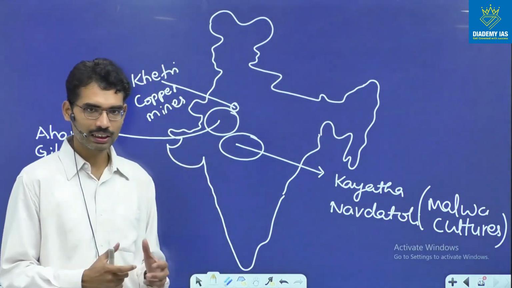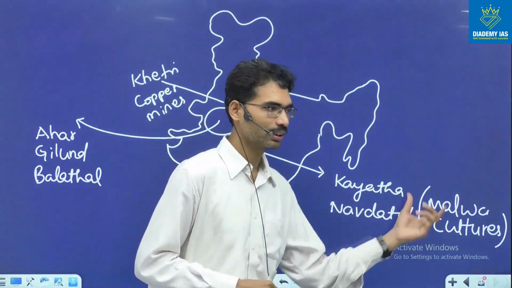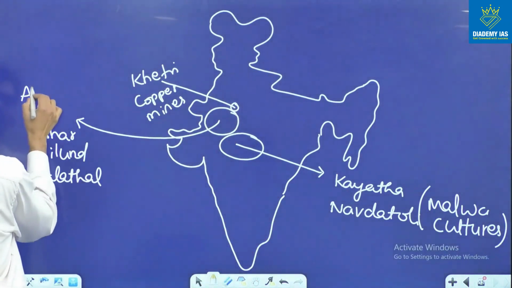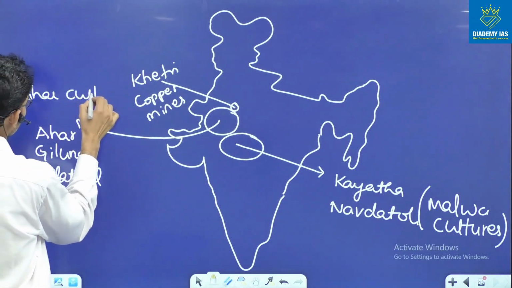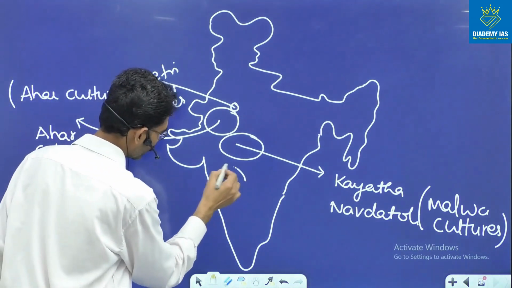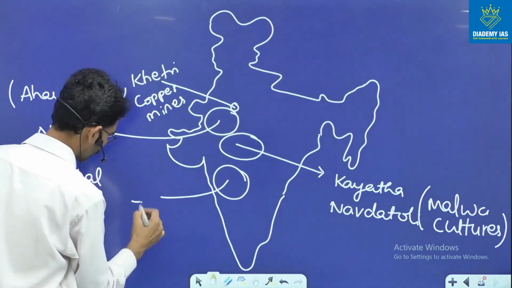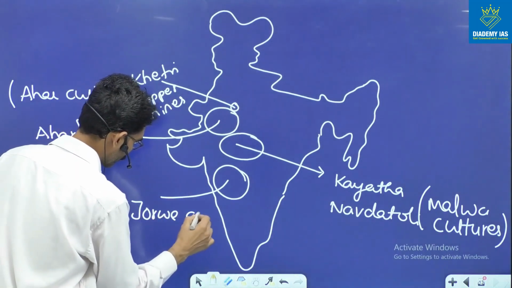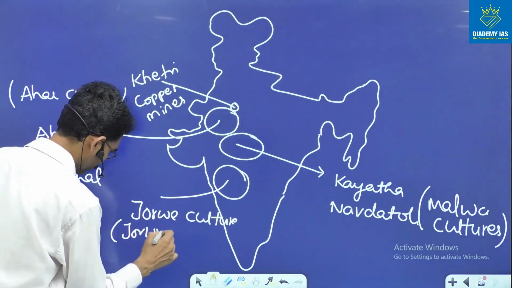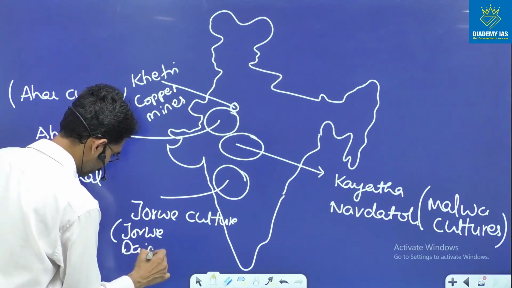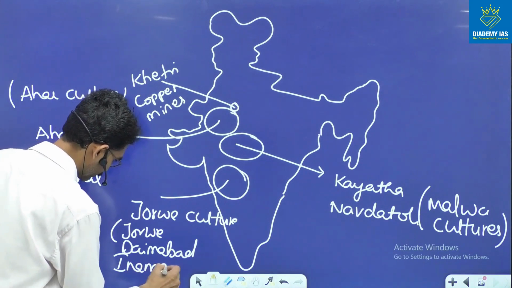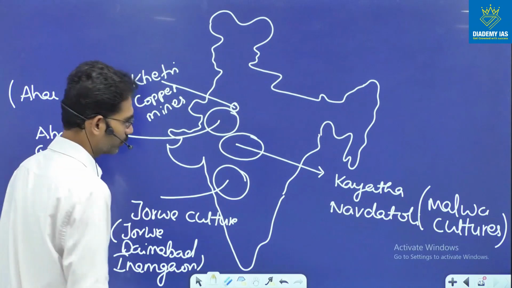We will get some regional names also for these cultures. Malwa culture. Here, Ahar culture. Jorwe culture. Jorwe. Daimabad. Inamgaon.